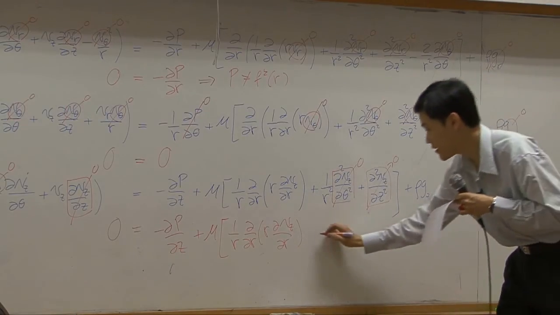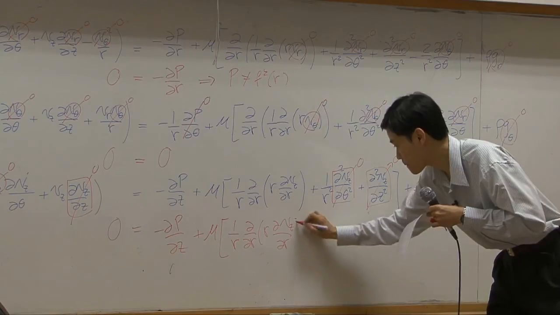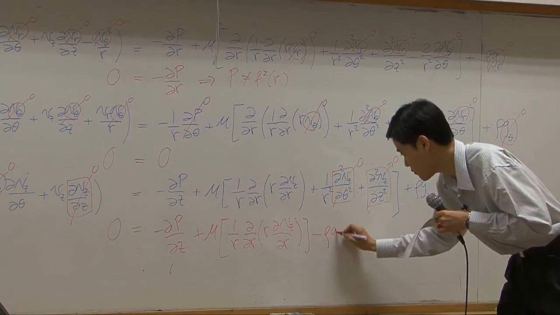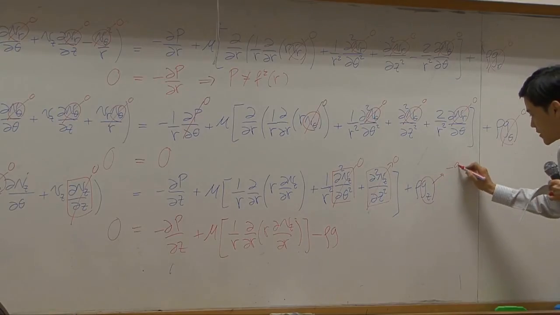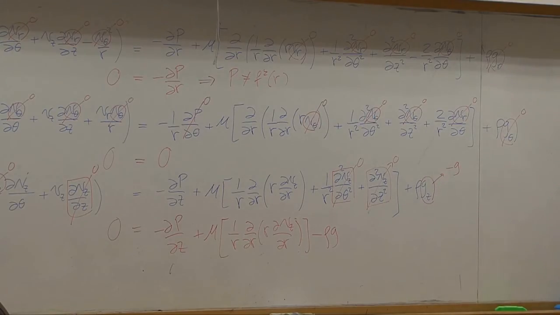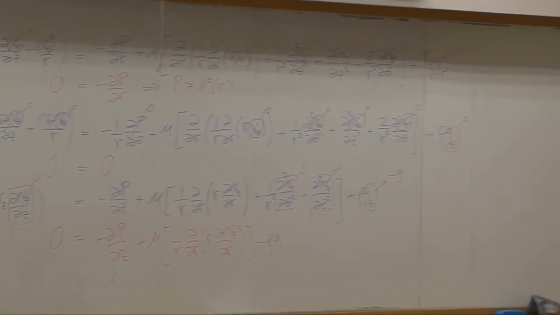So GZ is equal to minus rho G. Okay? GC here becomes minus G. So after long equations like that, normally if you do it right, the result is supposed to be short.